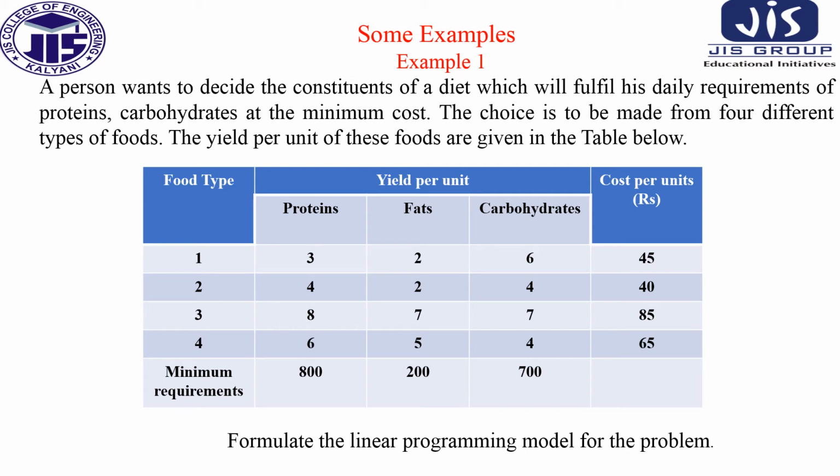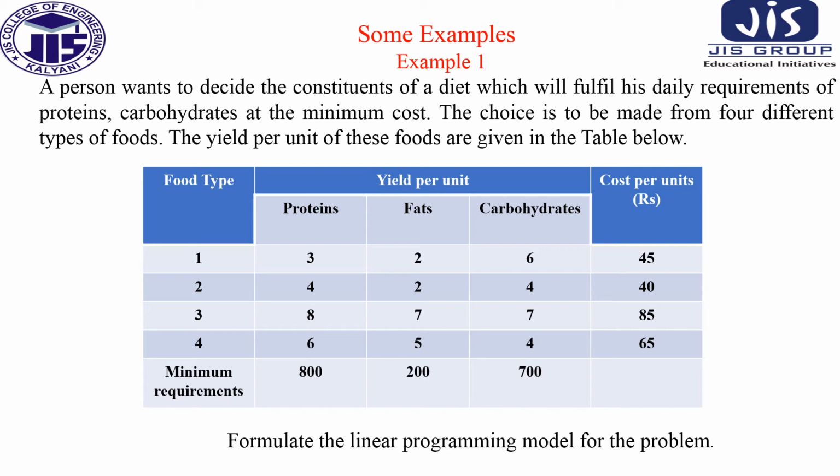So 4 types of foods are there: food type 1, food type 2, food type 3 and food type 4. These are the proteins present per unit of food, that is 3, 4, 8, 6. These are the fats present per unit of food, 2, 2, 7, 5, and these are the carbohydrates present per unit of food, 6, 4, 7, 4.